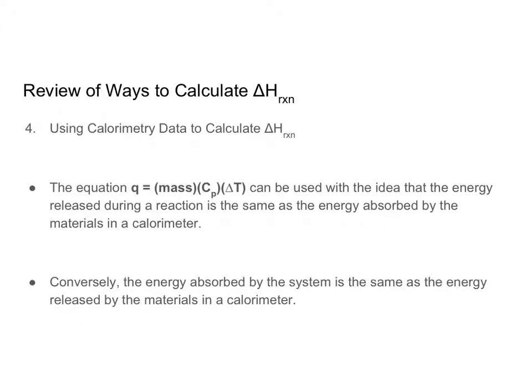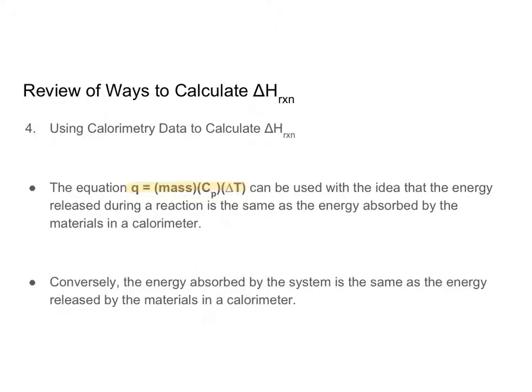We can also use a calorimeter and collect data to help us calculate the change in enthalpy of a reaction. We would use the formula that says Q is equal to mass times specific heat times delta T. That formula gives us the ability to understand that the energy released during a reaction is the same as the energy being absorbed by the materials in the calorimeter.